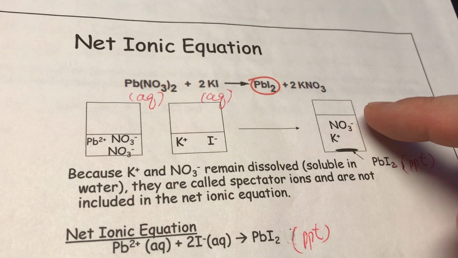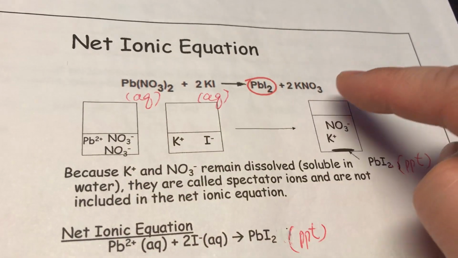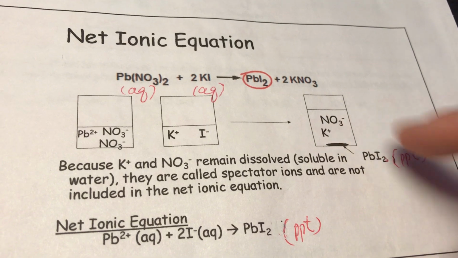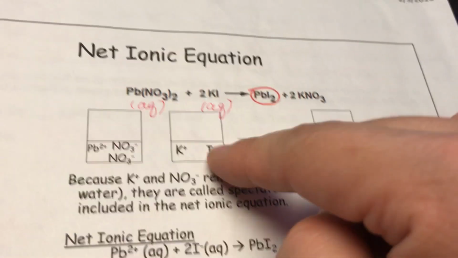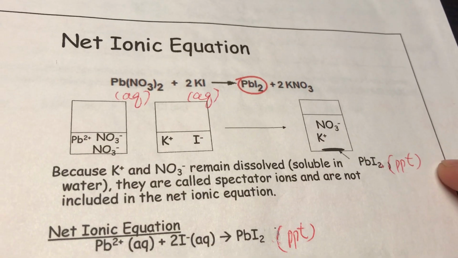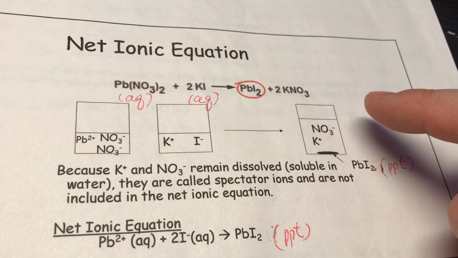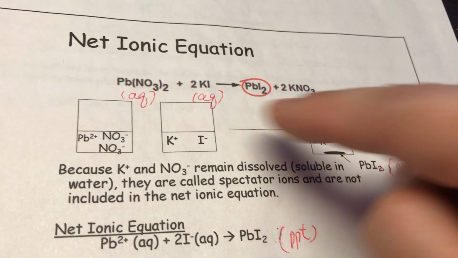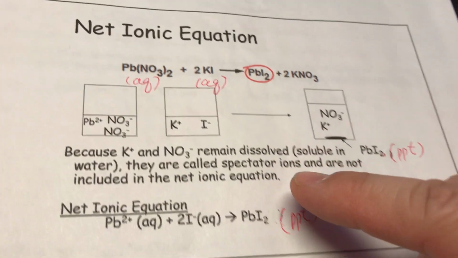The K+ and NO3-, which were aqueous before, still stay aqueous. But the PbI2, which was aqueous before, now becomes precipitate. So since the K+ and NO3- stay as soluble aqueous before and after, they are the so-called spectator ions.